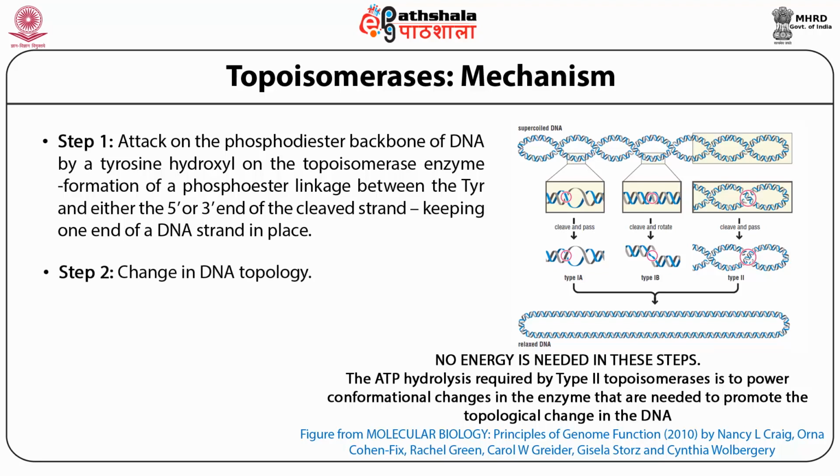Next step is change in DNA topology. It is then followed by step 3, where reversal of the cleavage reaction occurs that results in the religation of the two ends and producing a DNA without a break.